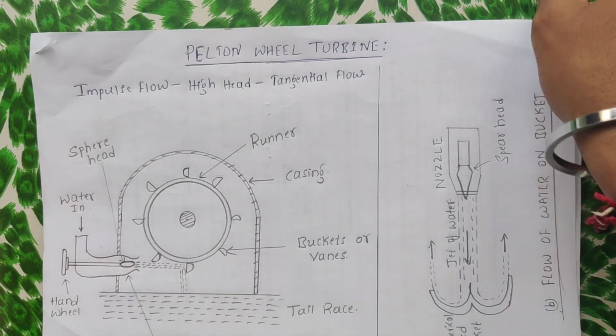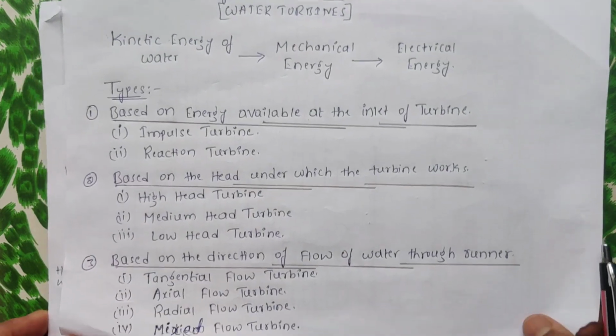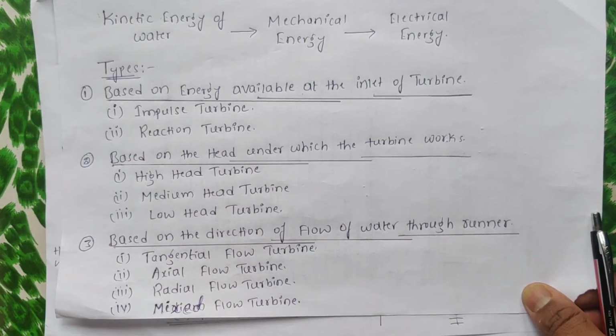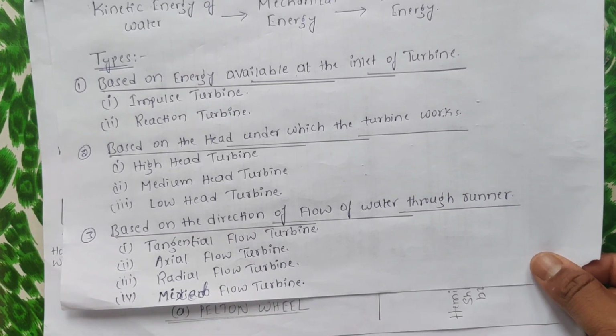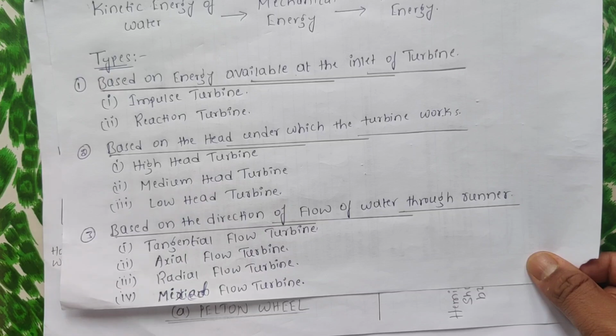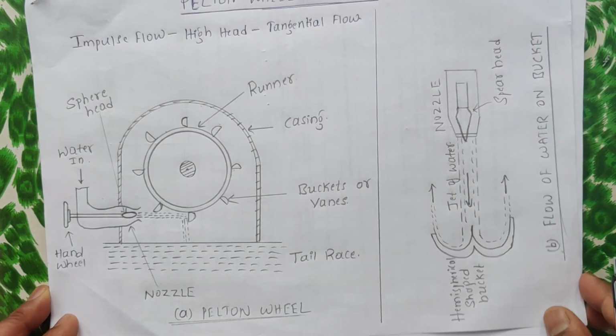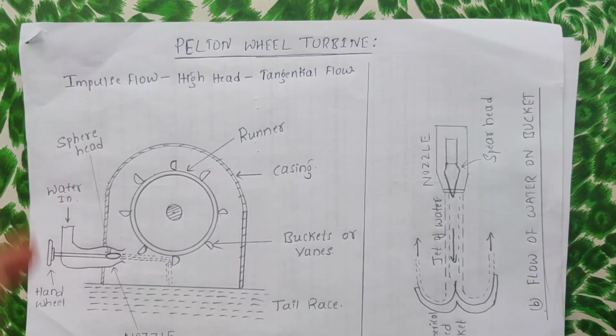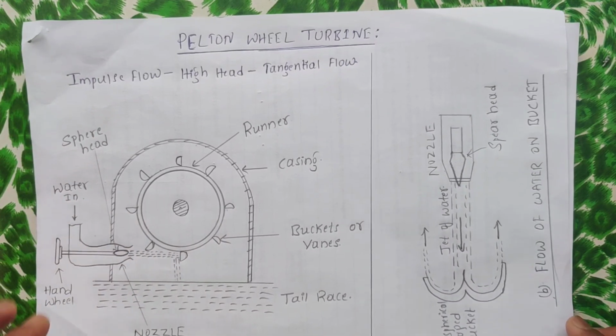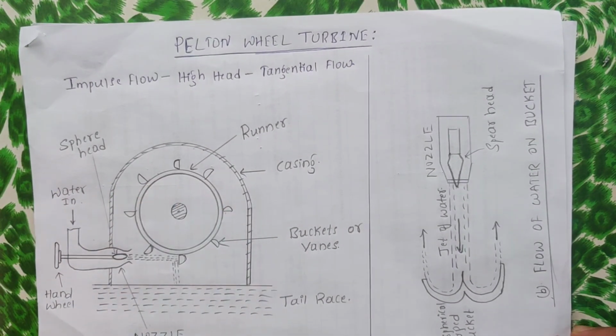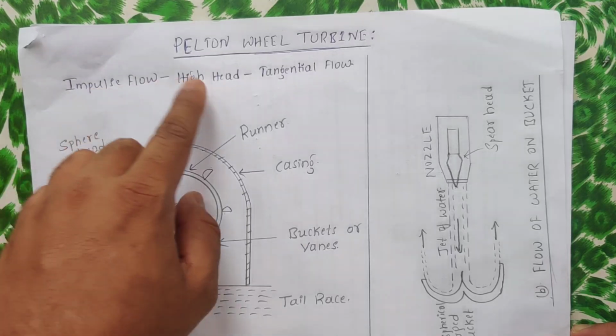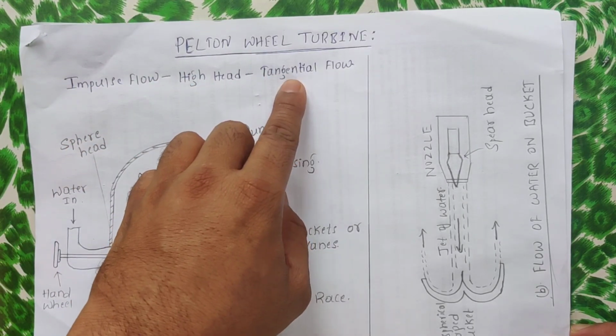As we discussed, there are three categories of types, and we have to categorize the Pelton wheel turbine based on them. The Pelton wheel turbine comes under impulse, high head, and tangential flow.